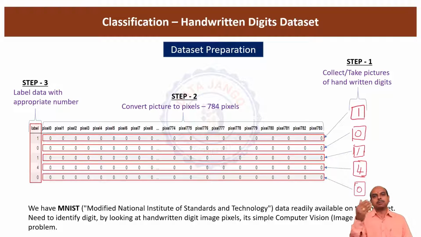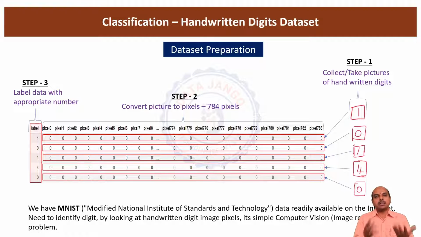So suppose you are building a mobile application which takes a picture of a handwritten digit and understands whether it is 5 or 6 or 2 or 0 or 1 or 9. So we have 10 classes there, right? From 0 to 9. When you take a picture, the mobile application should classify that picture as either 0 or 1 or 2 or till 9. So 10 classes are there.